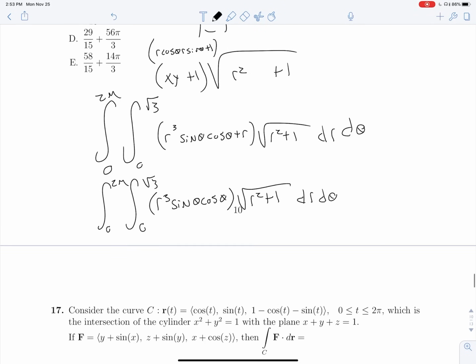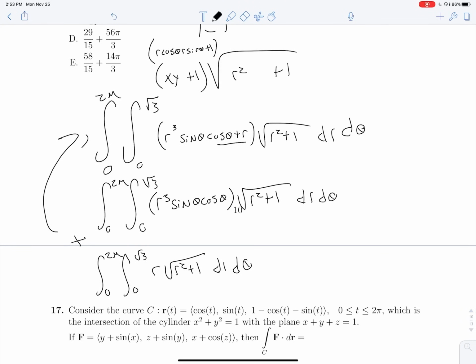And then we are going to have the integral from 0 to root 3 and from 0 to 2 pi of r root r squared plus 1 dr d theta. And these guys added together, you can see how we've just split it up over that plus sign.